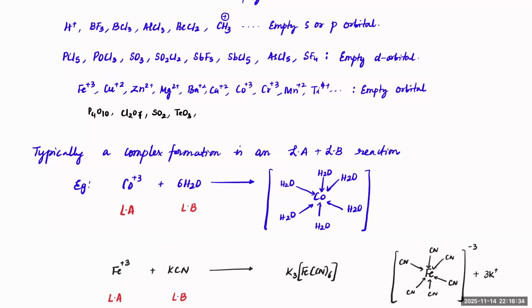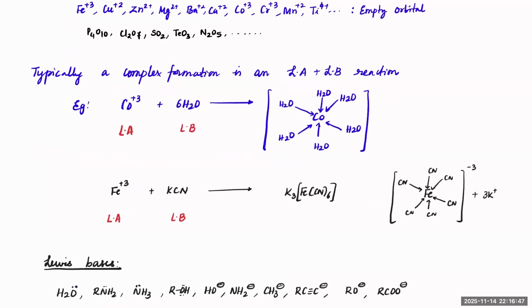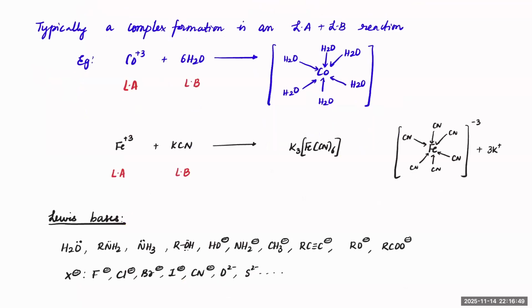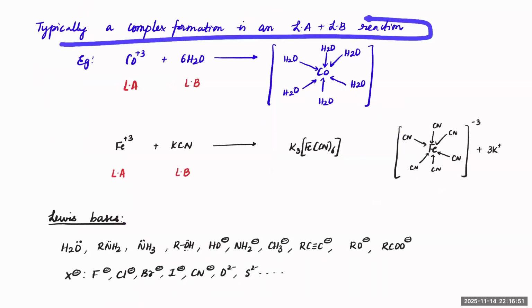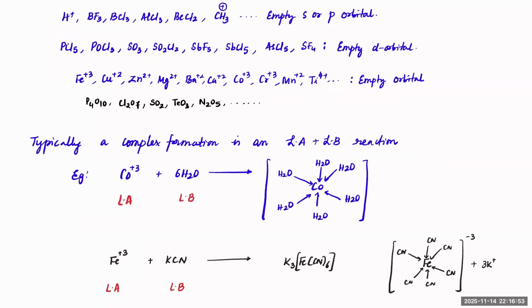All of these oxides can also be regarded as Lewis acids. They can accept a pair of electrons. Sorry, not N2O5, because N2O5 does not have an empty orbital. My mistake.